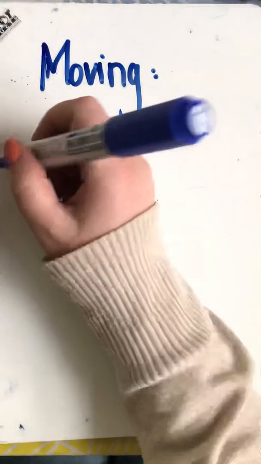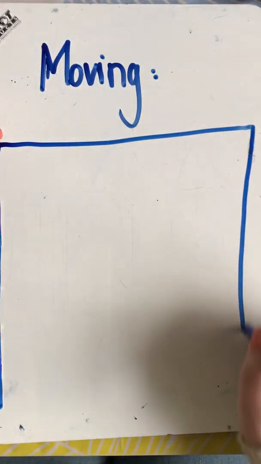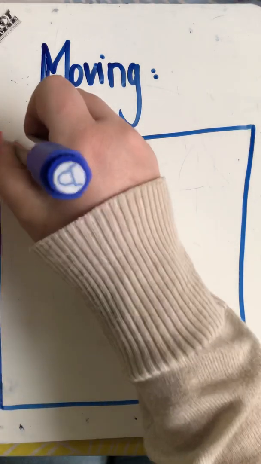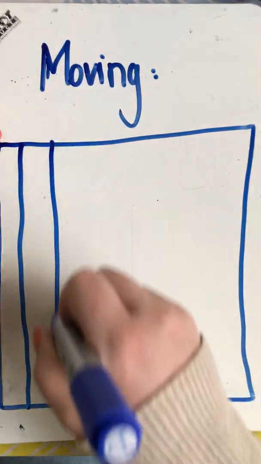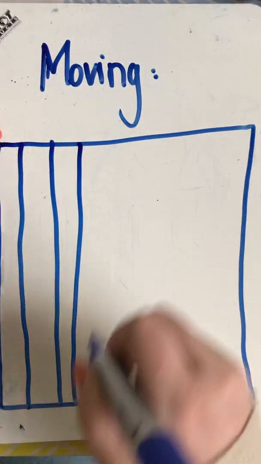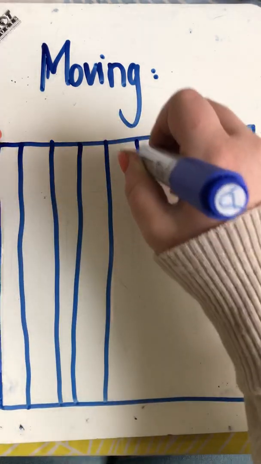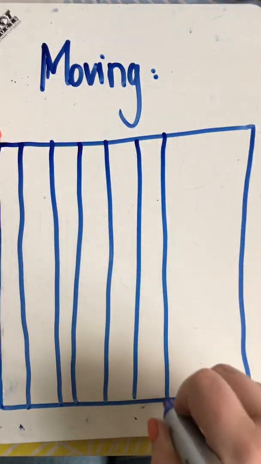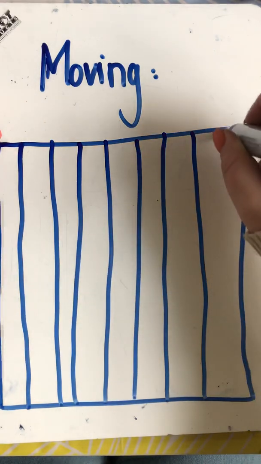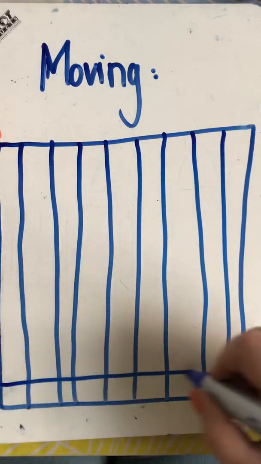When it comes to the specifics of moving, most probably you will get a grid with lines that have been drawn by a ruler and not freehand like me.